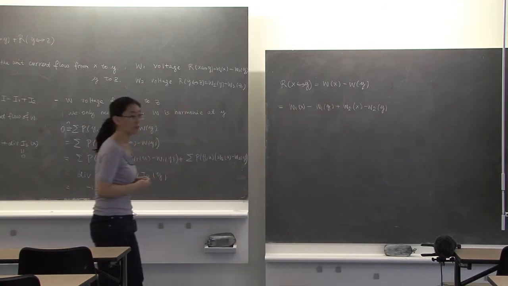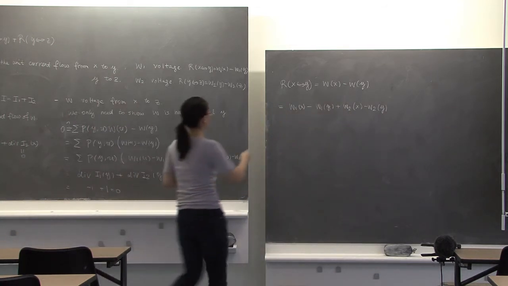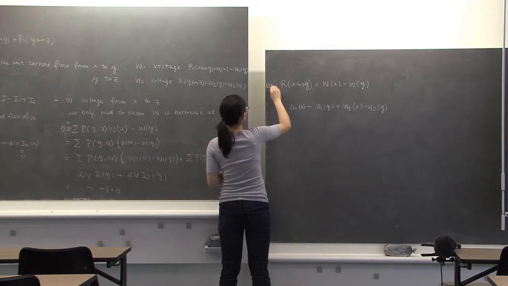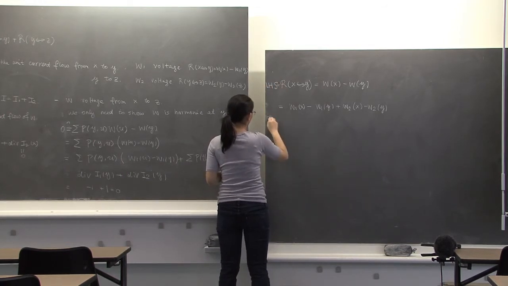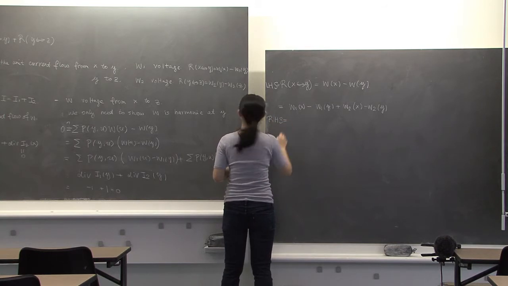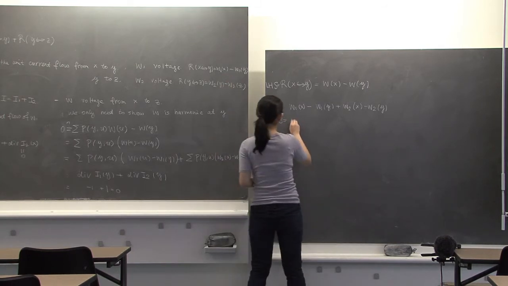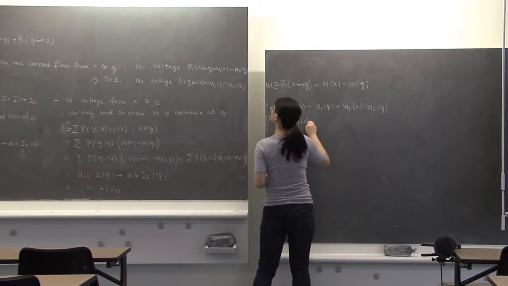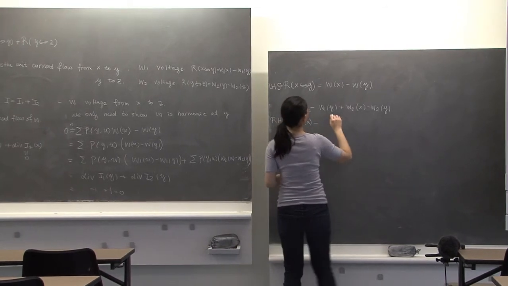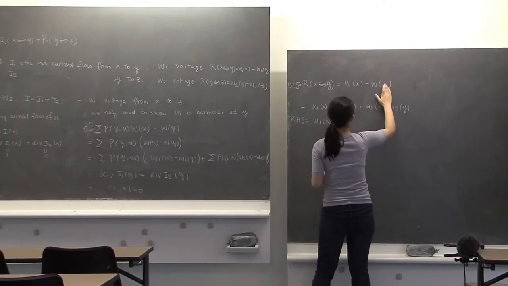so this is the left-hand side. And the right-hand side is the sum of these two. So this is Z, yes.